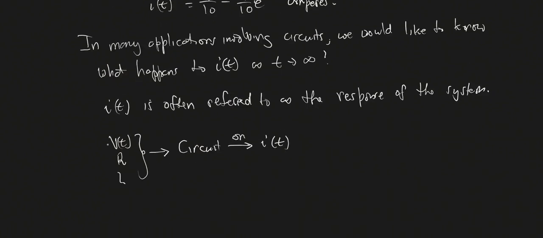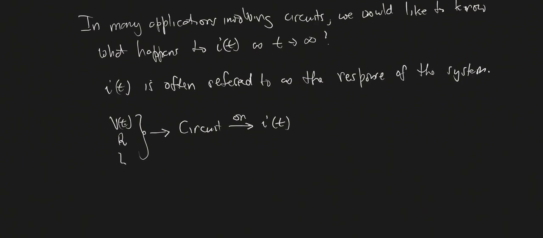If you keep your resistance and your inductance constant, the response is going to depend heavily on the voltage. So how do we describe the different responses that can occur as t goes to positive infinity?